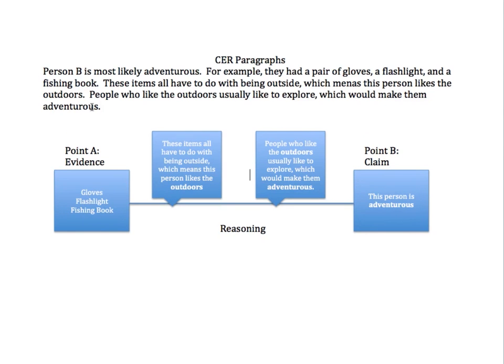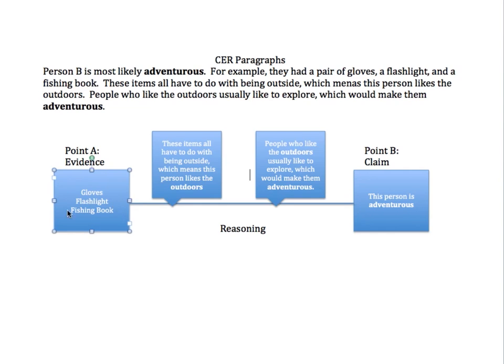Okay, so now I have the word adventurous in my reasoning, and I also have the word adventurous in my claim. So that's a strong connection there. And I was able to get the reader from point A to point B by making 2 statements that I know the reader will agree with. Okay? So that's an easy way to do your reasoning.